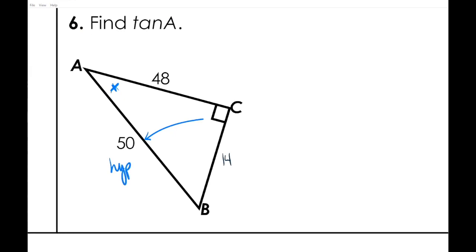Go ahead and identify that first. If we're in that habit, it helps us with the Pythagorean theorem. It helps us with our special rights. It's going to help us with our trig. The side that's next to it, that's not the hypotenuse, is the adjacent. And the side that's across from it, the side that it's not touching, is our opposite.